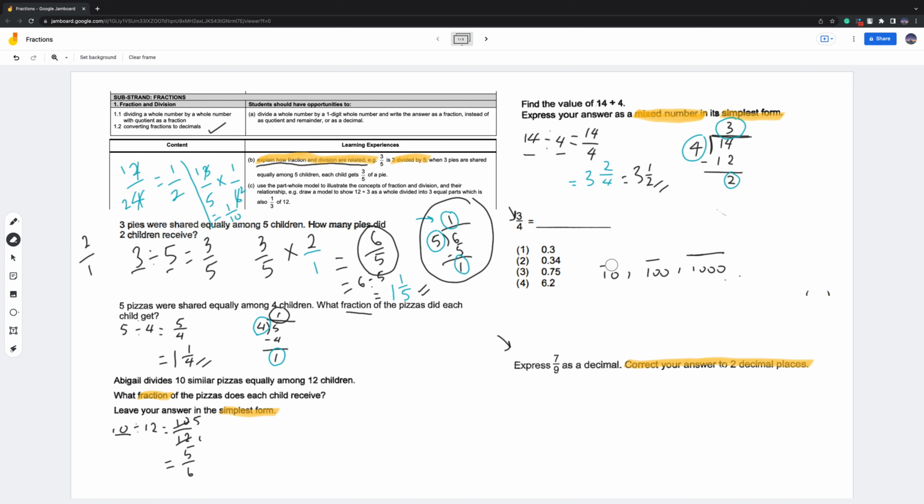So 3/4. Now we check. Can 4 be changed to 10? Definitely we know that 4 cannot be changed to 10. 10 is not in 4's times table. It is not a multiple of 4.